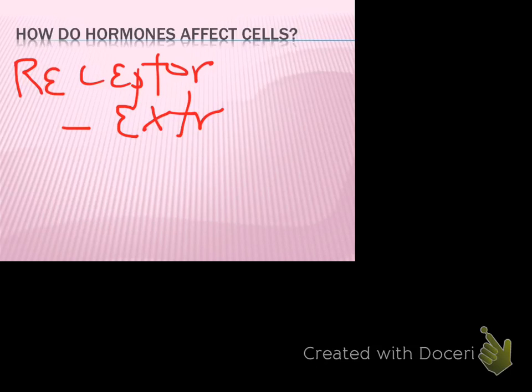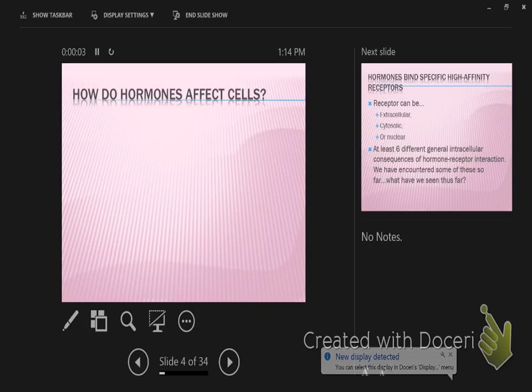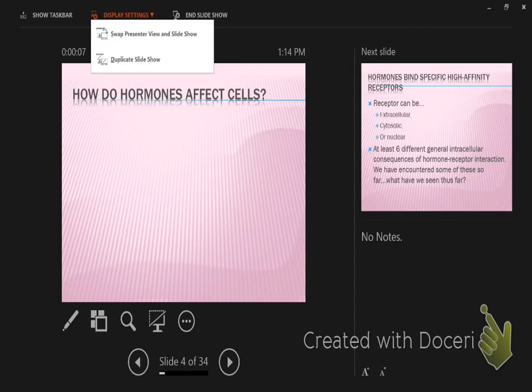I was trying to write out extracellular whenever the Wi-Fi went down. So hopefully it will now not die again. Yeah, the Wi-Fi was getting in trouble too. I was over there.